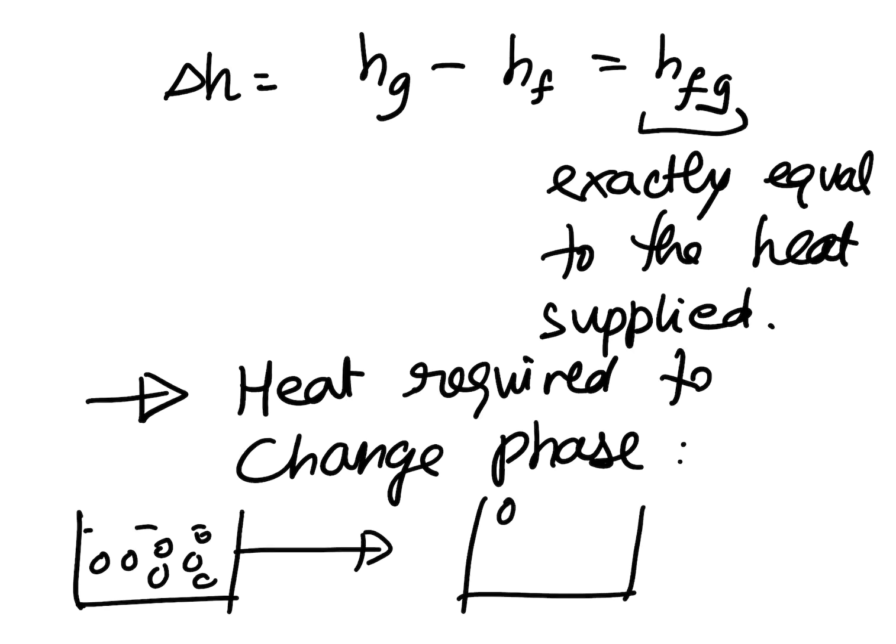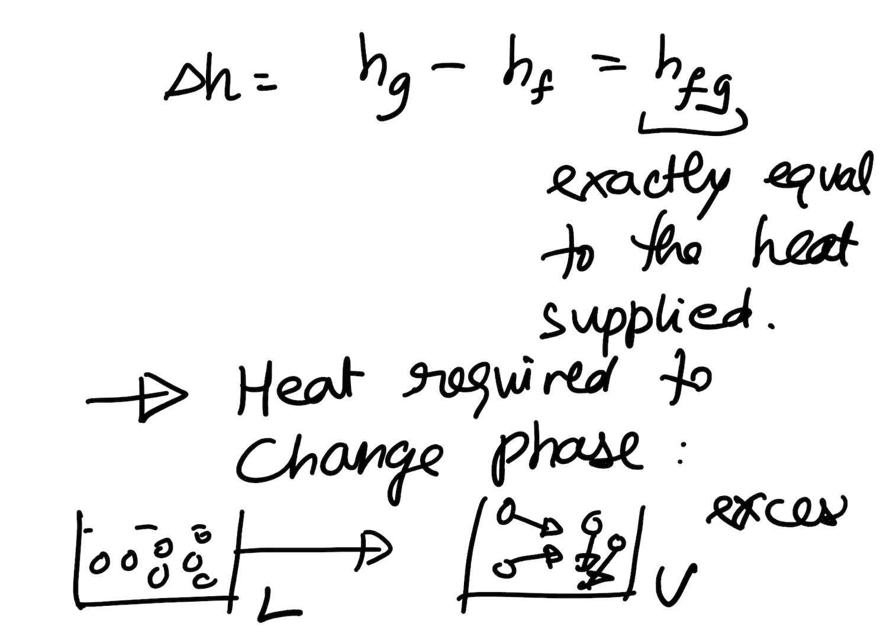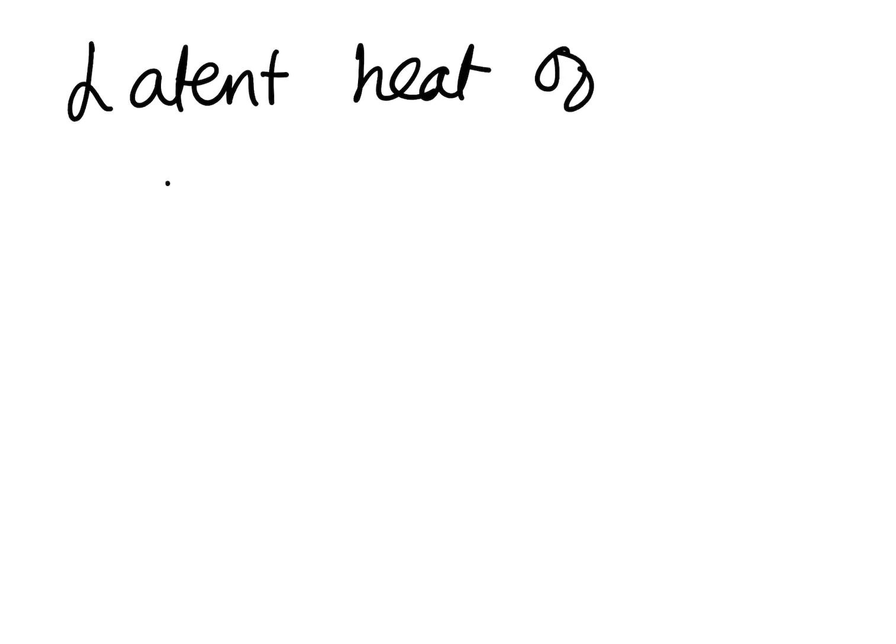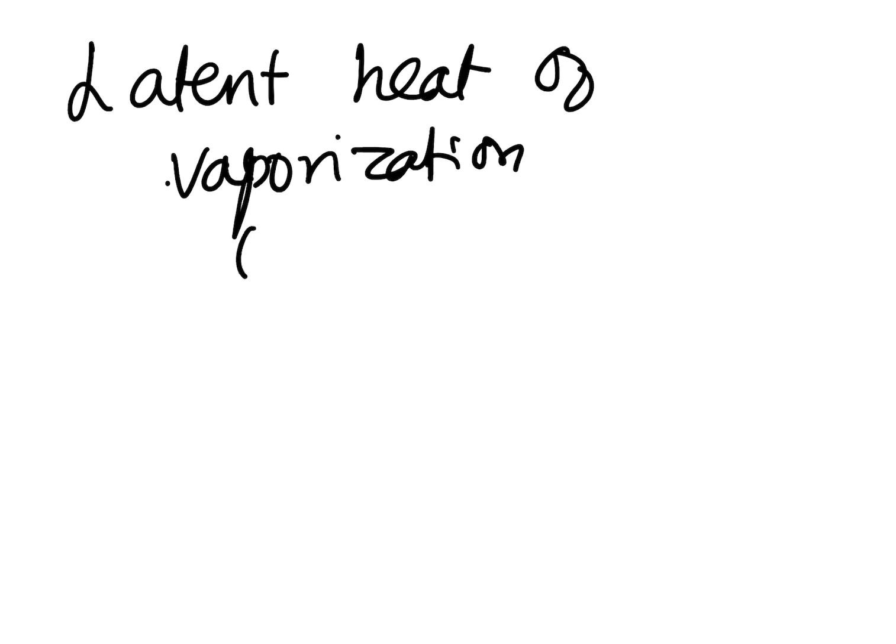For them to become vapor, you have to provide the excess kinetic energy. Excess kinetic energy of molecules needs to be provided, and this is what we call latent heat of vaporization, or in general latent heat of phase change.